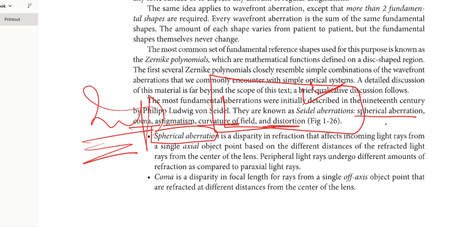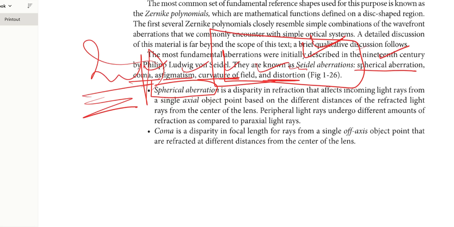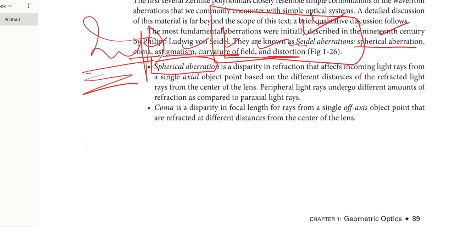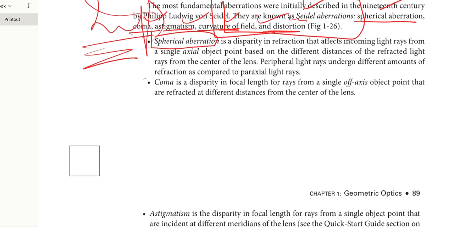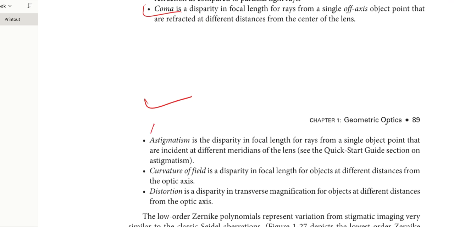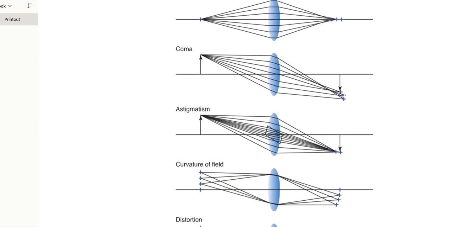You should know that these are the Seidel aberrations because there will be one option in the MCQ which will not be a Seidel aberration, and then it will be asked which of the following is not a Seidel aberration. So read the definition of every aberration: spherical aberration, curvature of field, what is distortion. All these are very important.